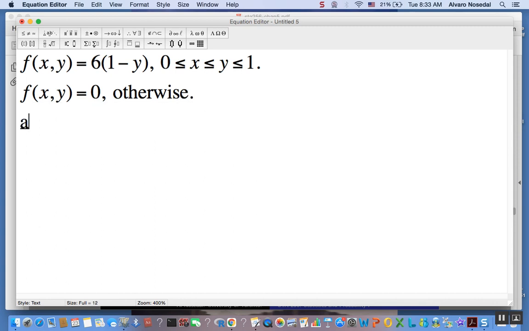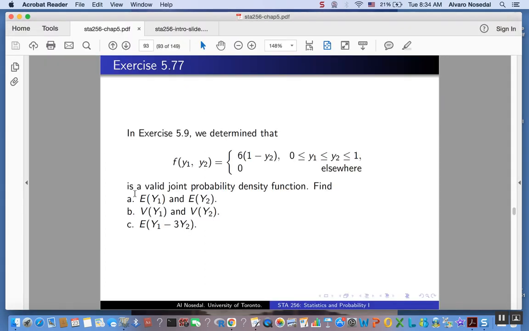So what we said for part A, we want the expected value of y1, well, of x, because I relabeled these. Instead of y1, x, instead of y2, y. So we have 6 times 1 minus y, and x is less than or equal to y.